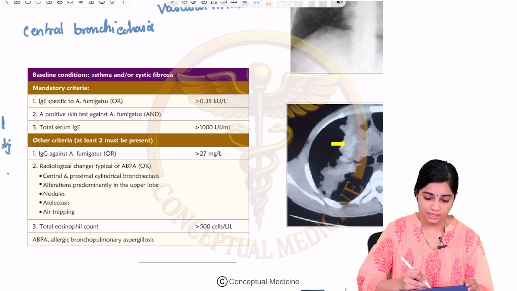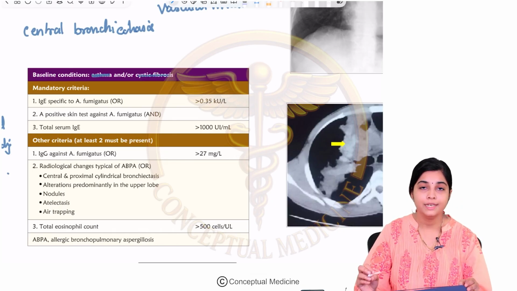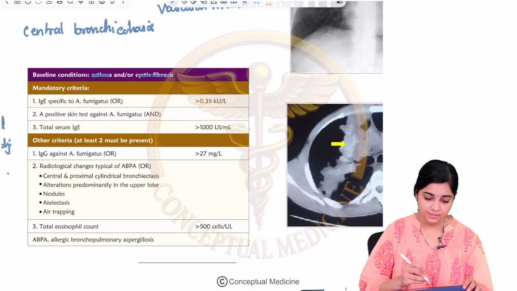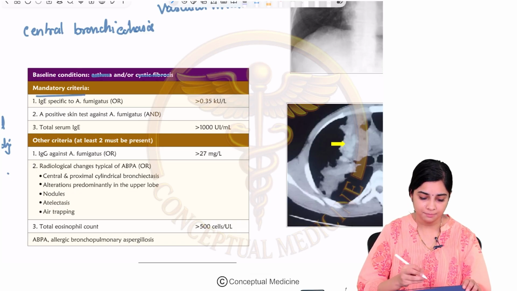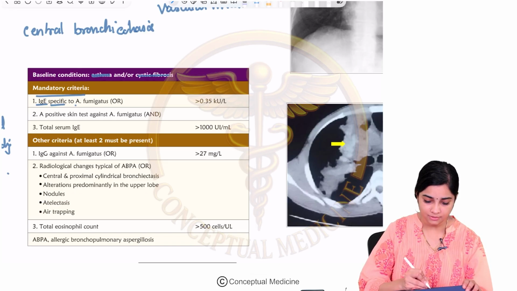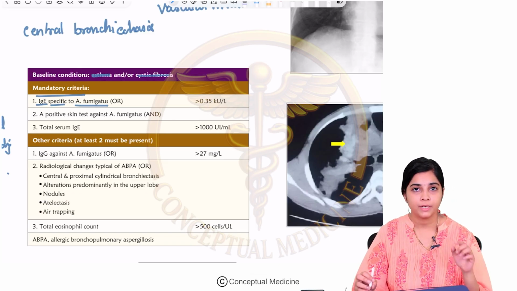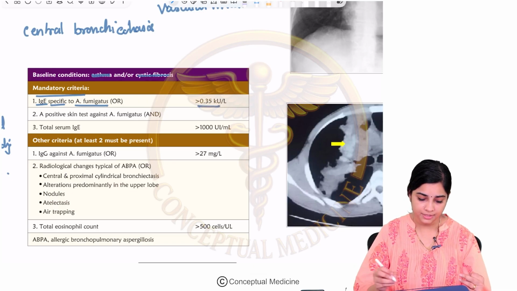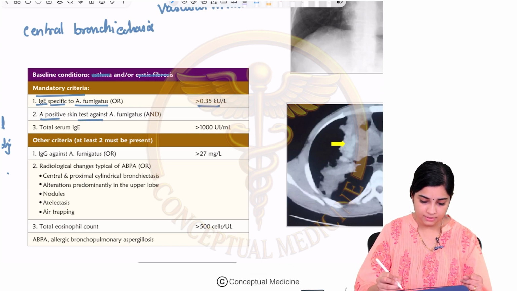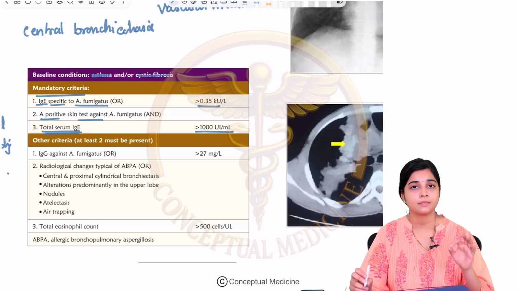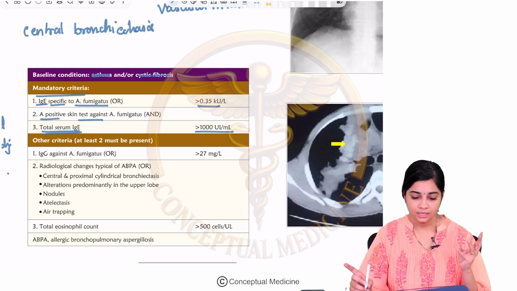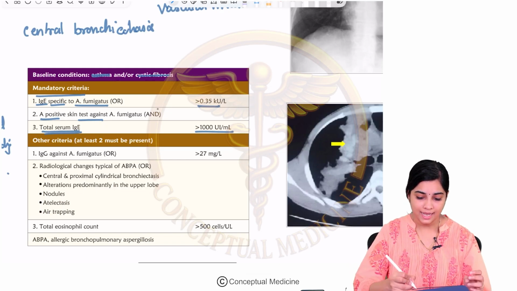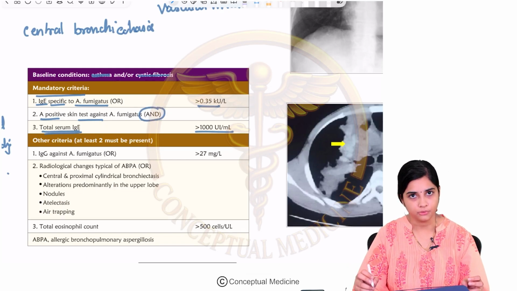In any patient with asthma or cystic fibrosis, there are 3 mandatory criteria. The mandatory criteria for the diagnosis of ABPA include IgE specific to Aspergillus fumigatus, elevated to more than 0.35 kilounits per liter, or a positive skin test, and total serum IgE levels also more than 1000.